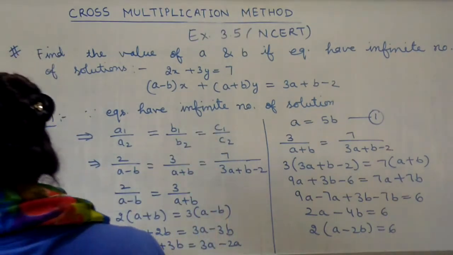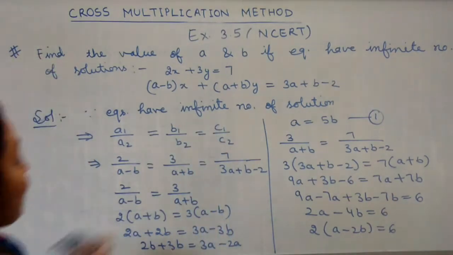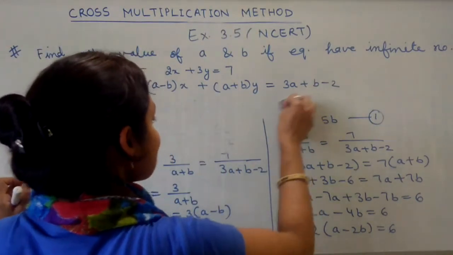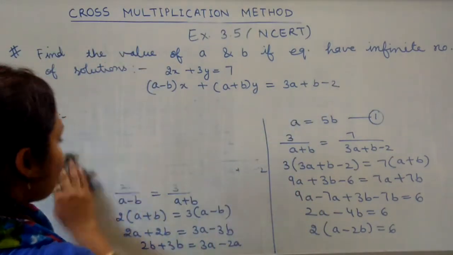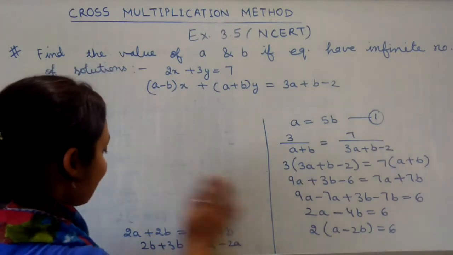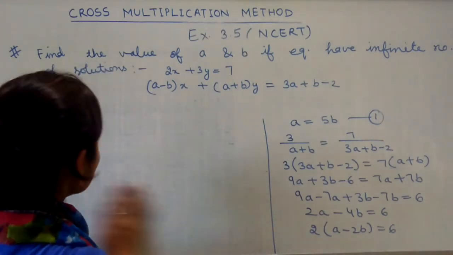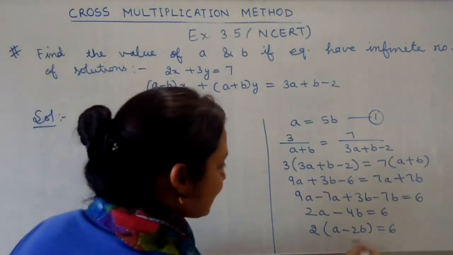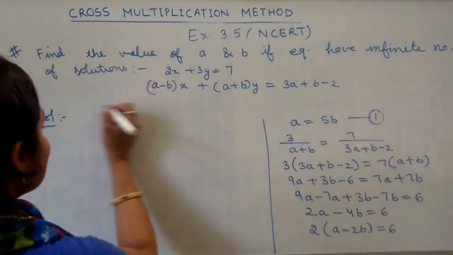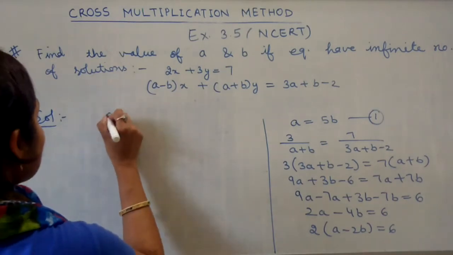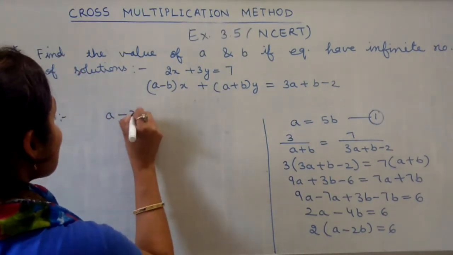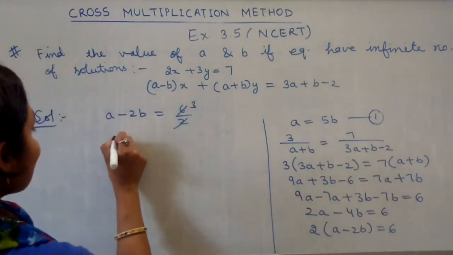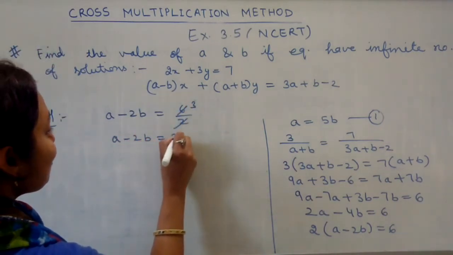Now come to this side, I will do the next part here. The next part is you have to make one more equation, and after that you can substitute the values. Dividing by 2 in the next step, we have a minus 2b is equal to 6 by 2, and after cancellation, a minus 2b is equal to 3.